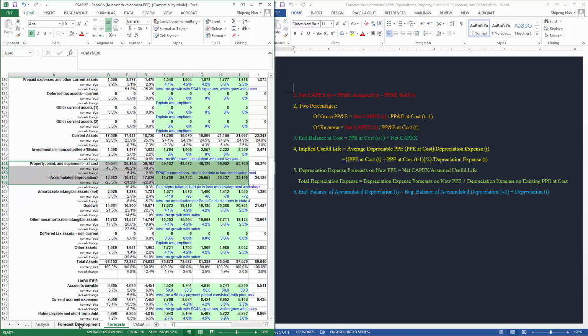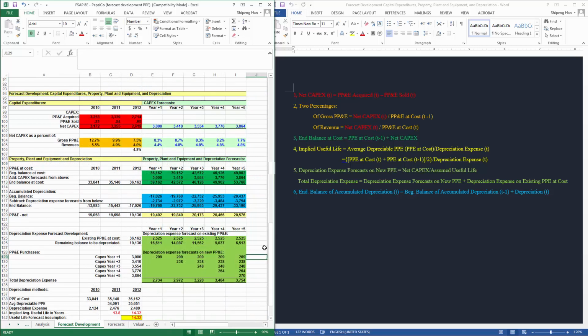Okay, let's go back to the forecast development. So on the right hand side of the screen you can see the formula actually used for each step, right? So for example, the number one, the red color formula actually applies to the red box in this spreadsheet. Okay, so first we determine what's the net capital expenditures.